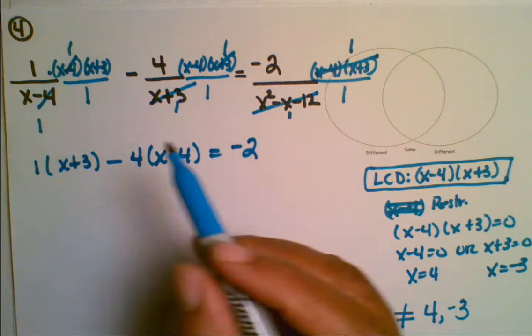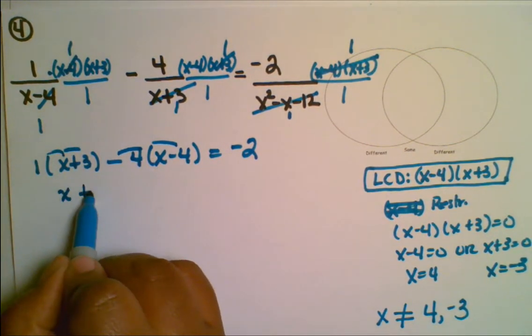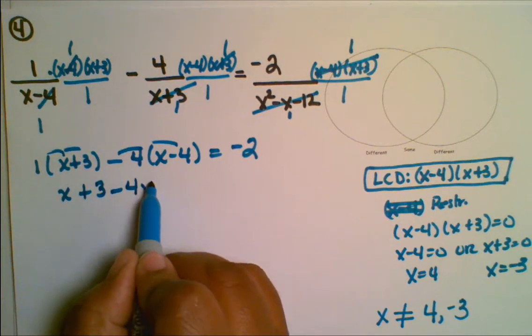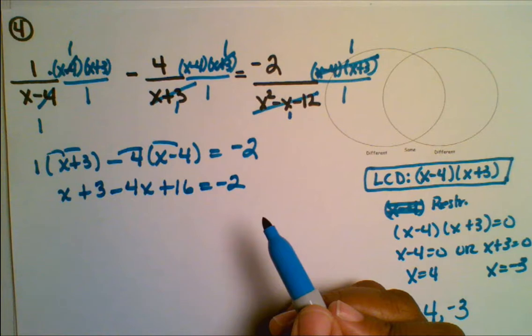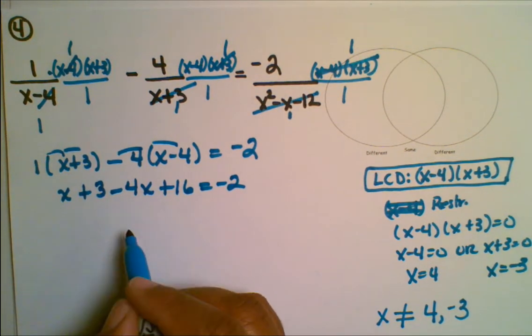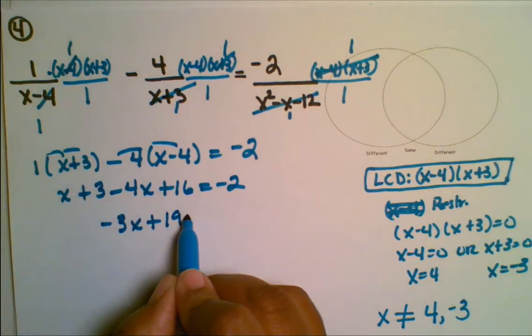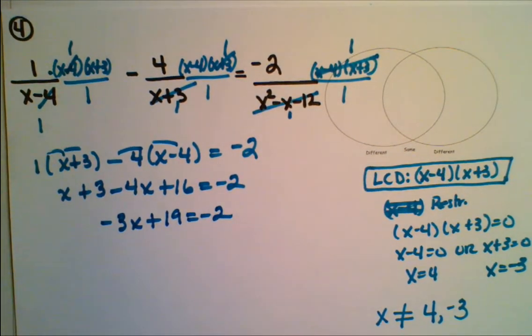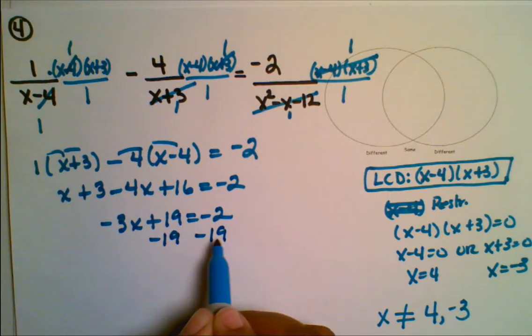And then let's distribute. We have x plus 3 minus 4x plus 16 is equal to negative 2. Combine like terms. We have negative 3x plus 19 is equal to negative 2. Solving for x, we're going to subtract 19 on both sides.